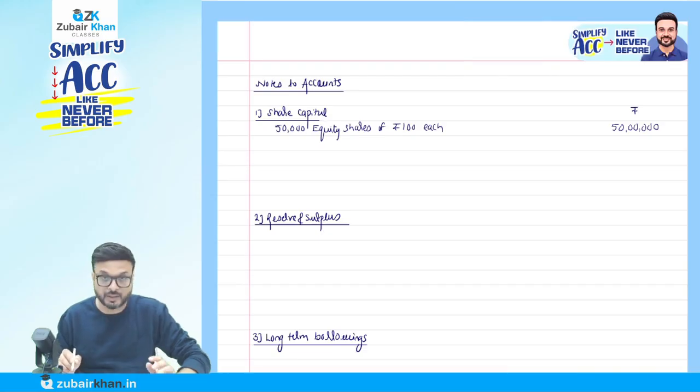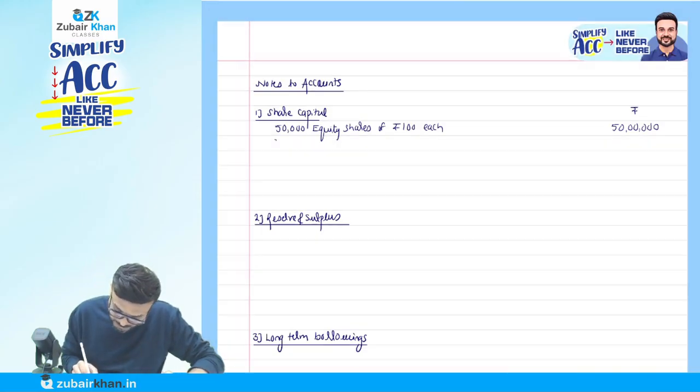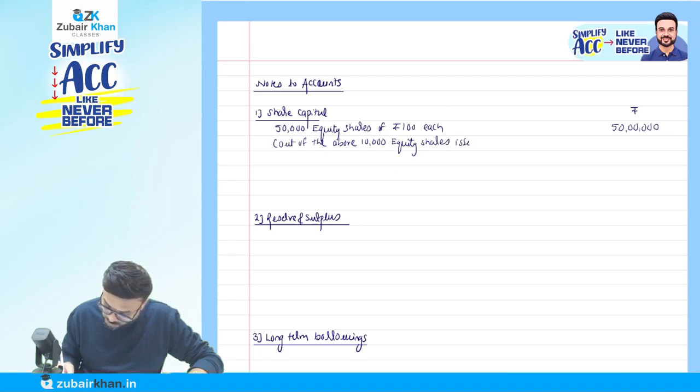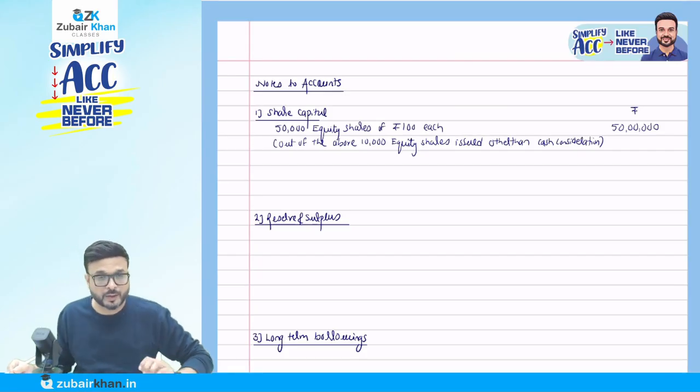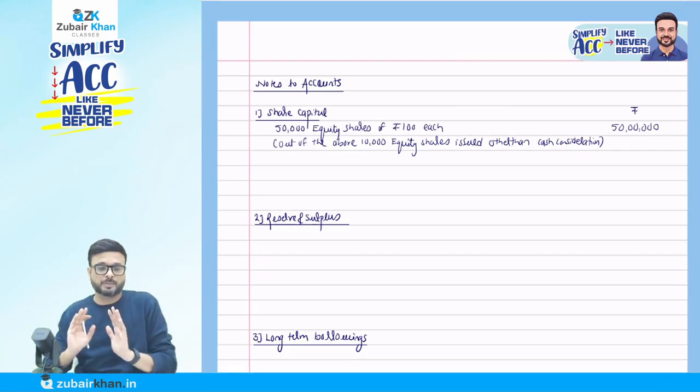In an inner column, write it down: out of the above, 10,000 equity shares issued other than cash consideration. That is just for disclosure purpose.